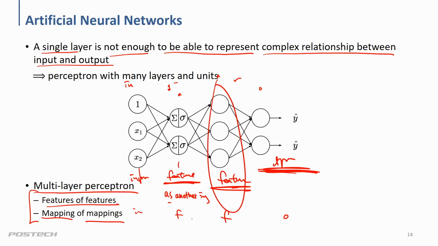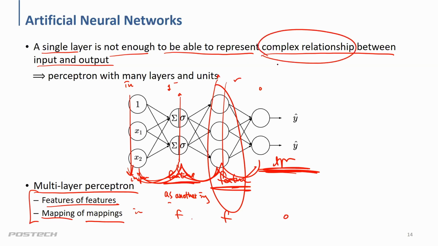Okay. So from here this represents the dimension of the input space or dimension of features, and here is the number of mappings of features. So if we have many layers, that means we do a lot of mappings several times. Since we have nonlinear activation functions in each layer, we can represent complex relationships.